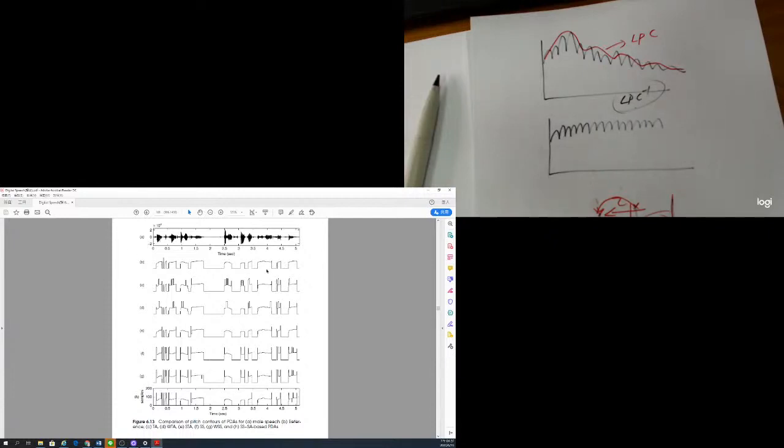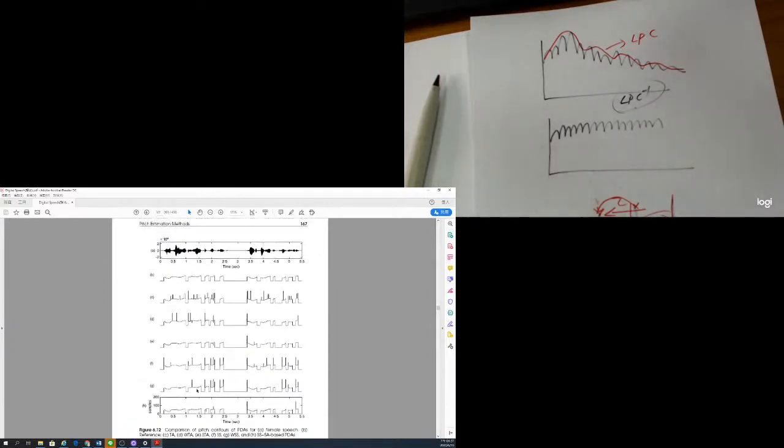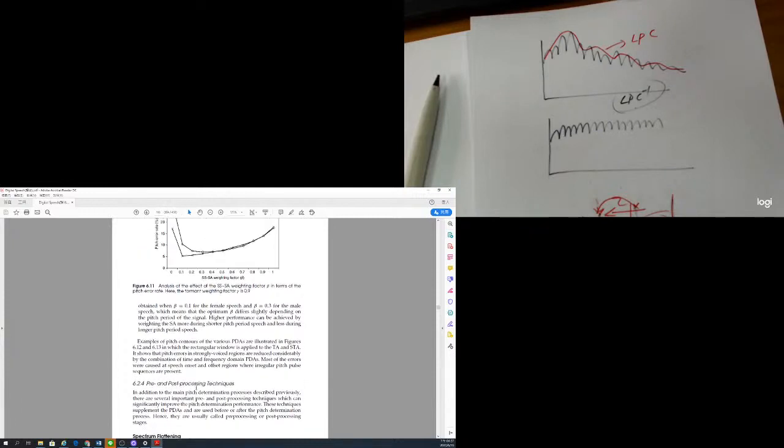This one is the ground truth. C is temporal autocorrelation, E is spectrum temporal autocorrelation, and this one is spectrum and synthesis. They try different combinations to see which one is better.